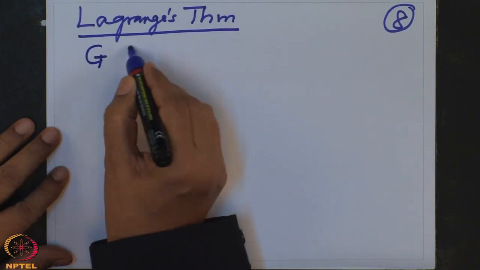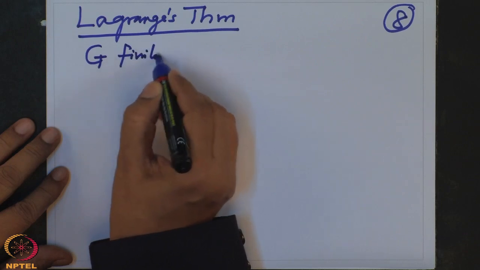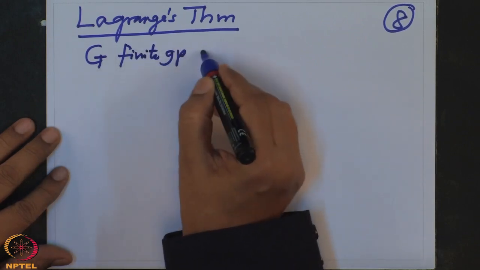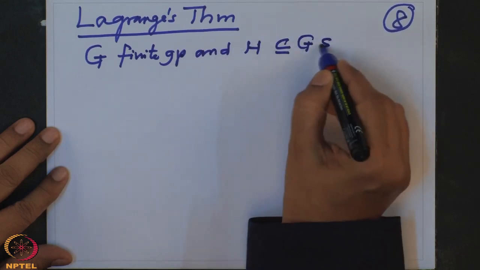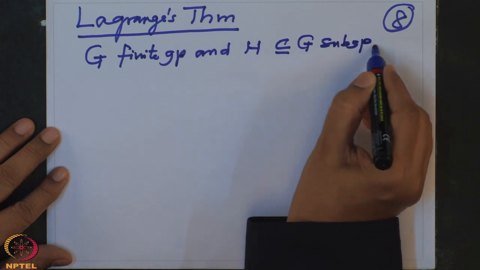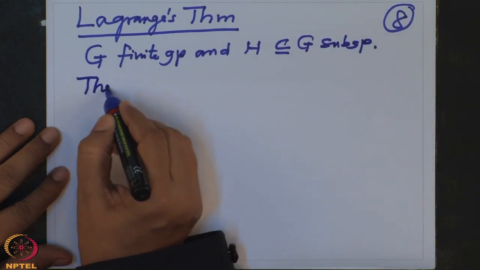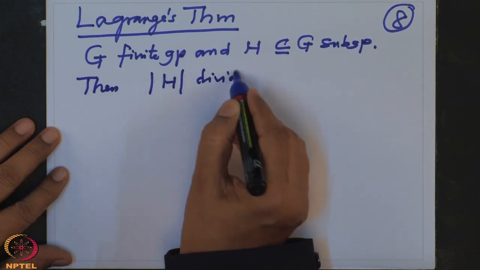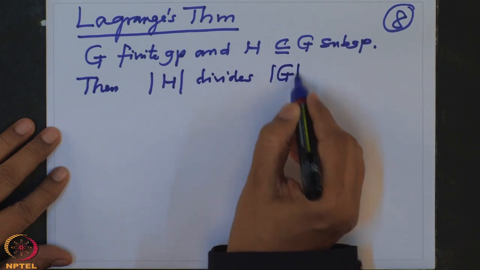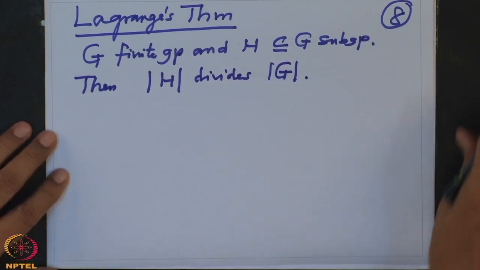Let G be a finite group and H a subgroup of G, then the order of H divides the order of G. This is how the theorem normally appears in every textbook on elementary group theory.